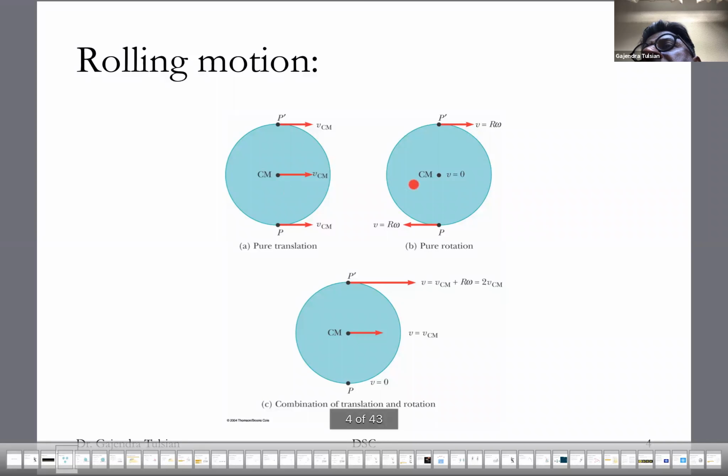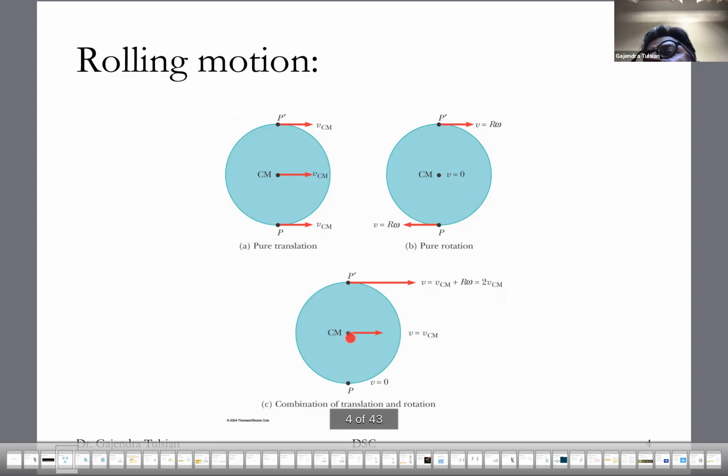Now, if we combine these two motions, what we're doing is taking the velocity of each point and adding them up. So add this velocity plus this velocity, that's what you get: the center of mass velocity plus this velocity.